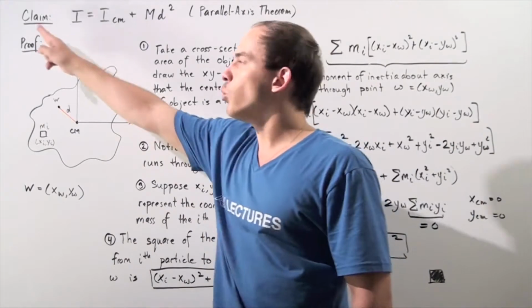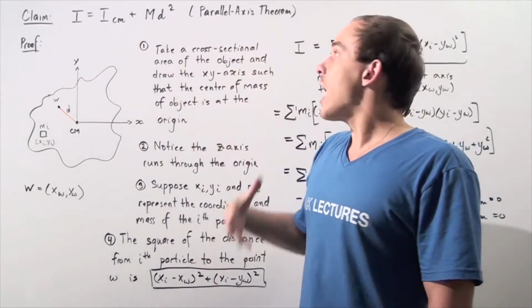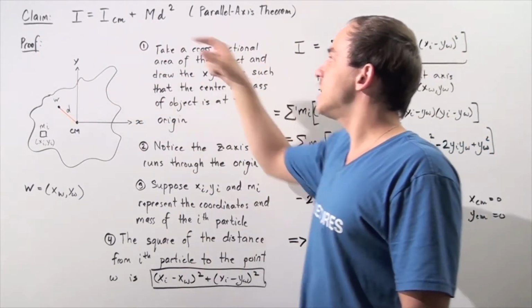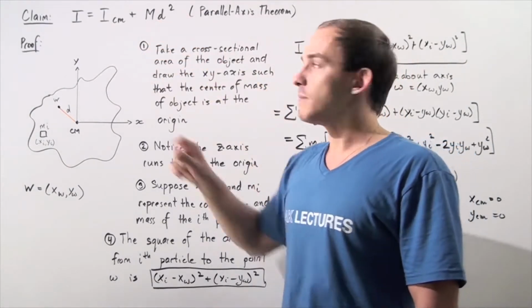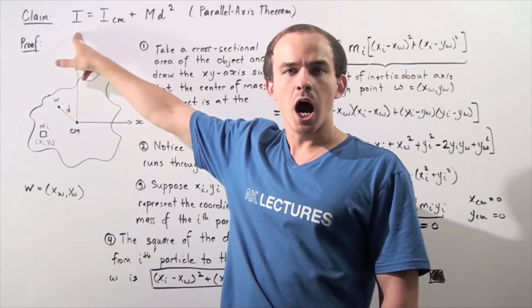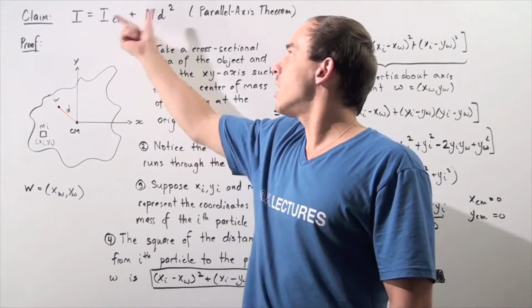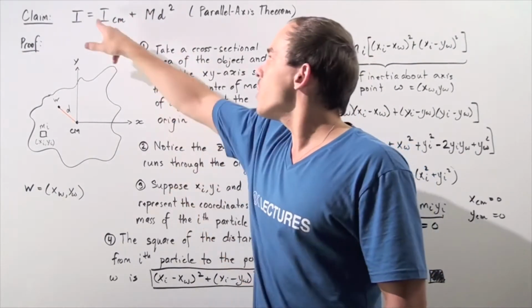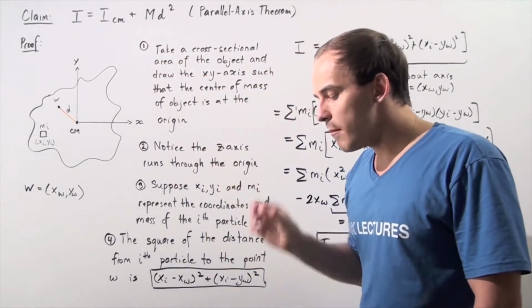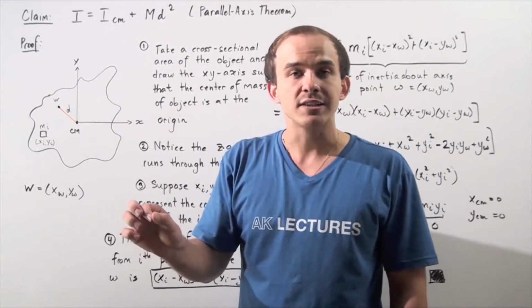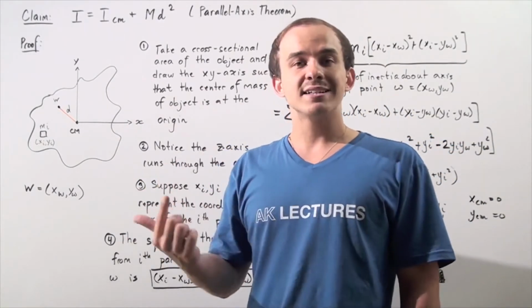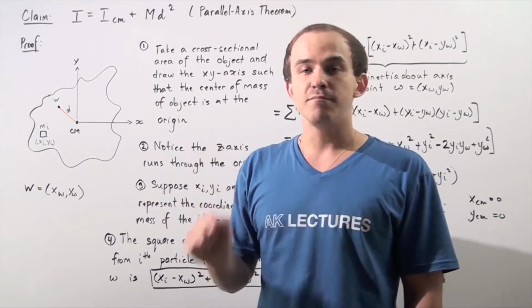So we begin with the following claim. Our parallel axis theorem gives us the following formula. The moment of inertia of the object is equal to the sum of these two quantities, where ICM is simply the moment of inertia of the object when it rotates about an axis that goes through the center of mass.